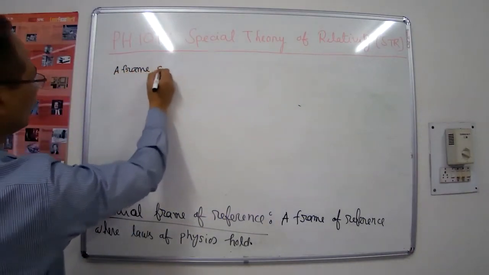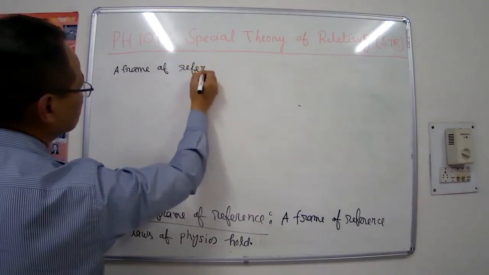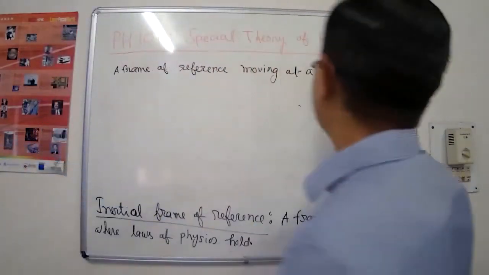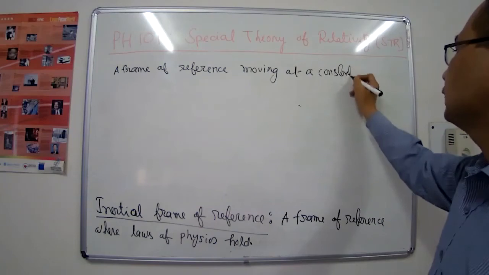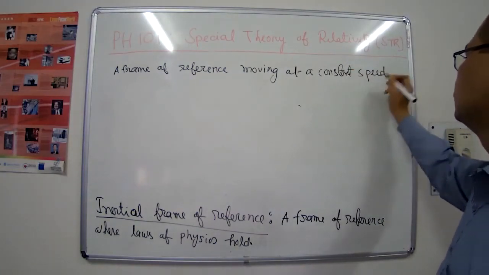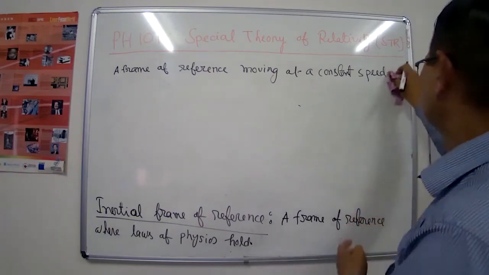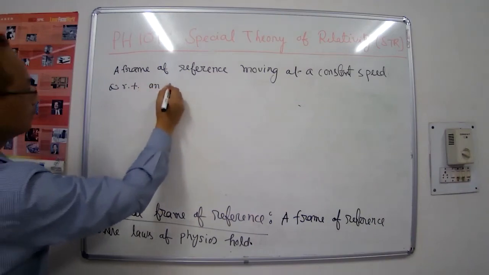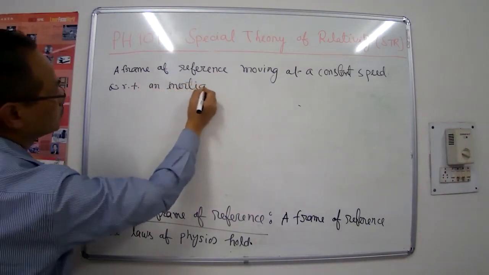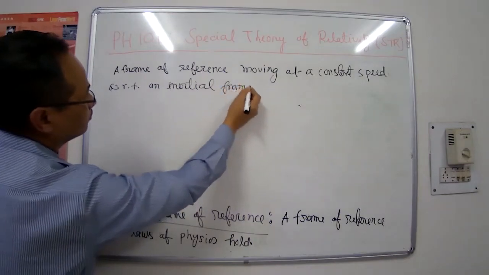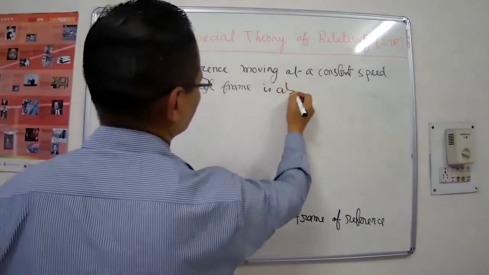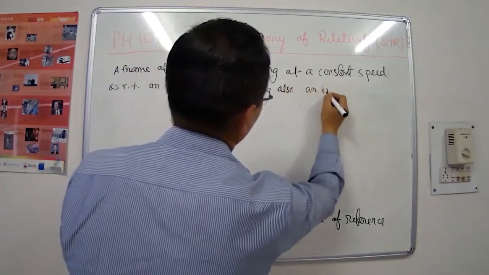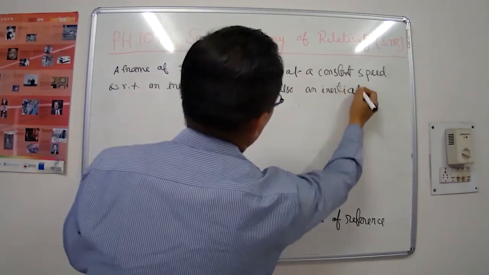A frame of reference moving at a constant speed with respect to an inertial frame is also an inertial frame.